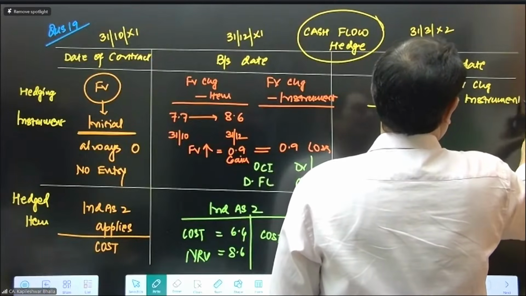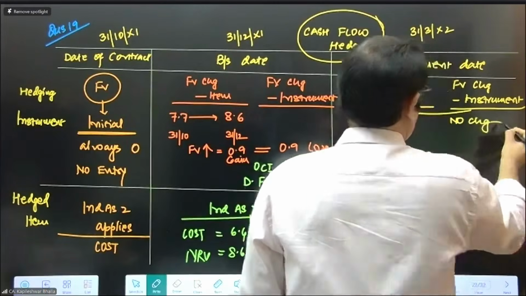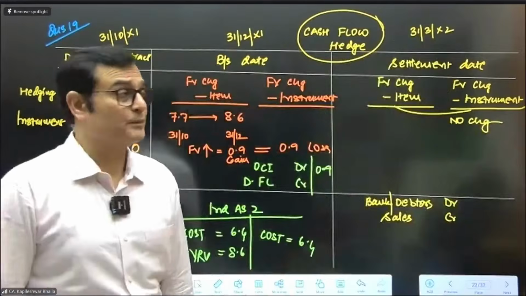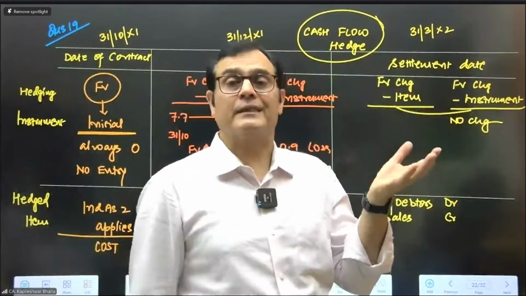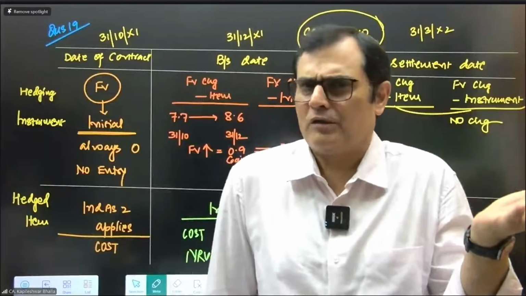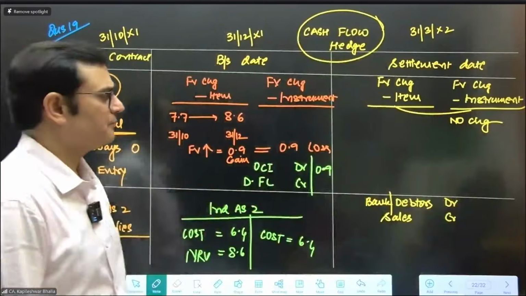We are very clearly given that there has been no further change. The question says the fair value of the item and the fair value of the instrument did not undergo any change, so no accounting entries.